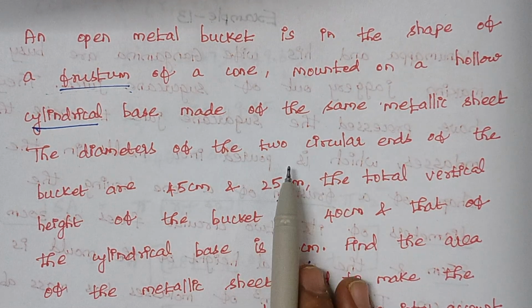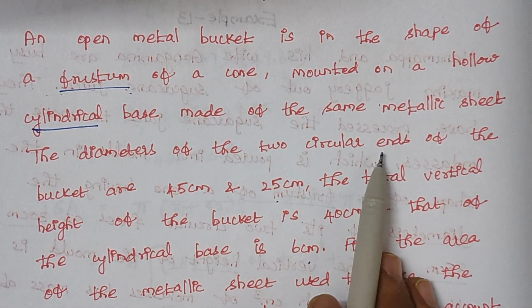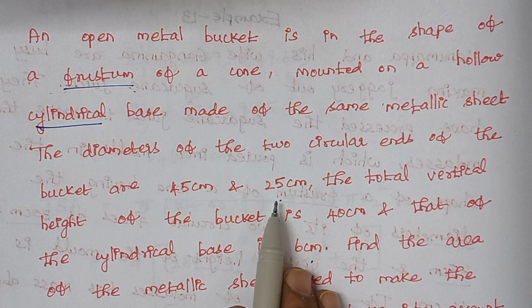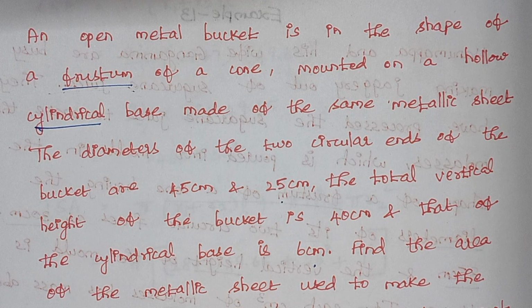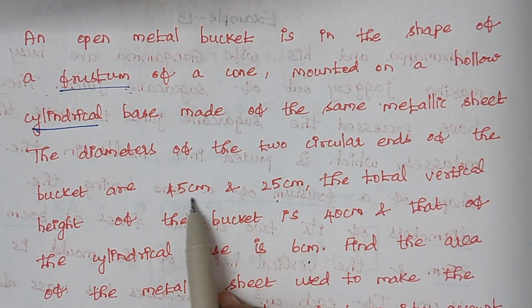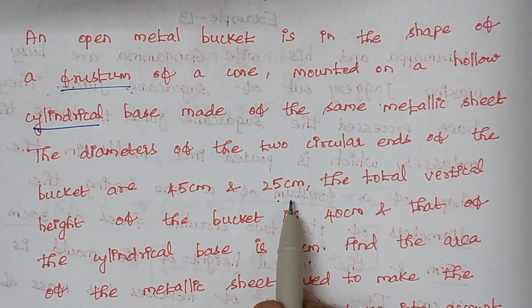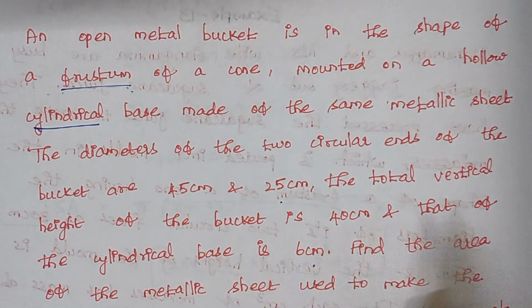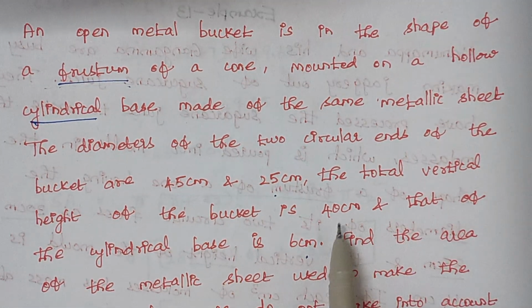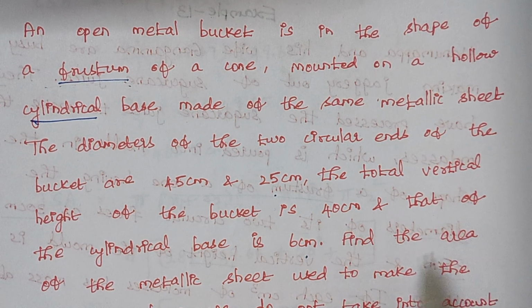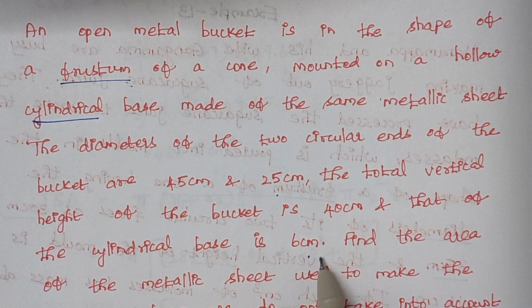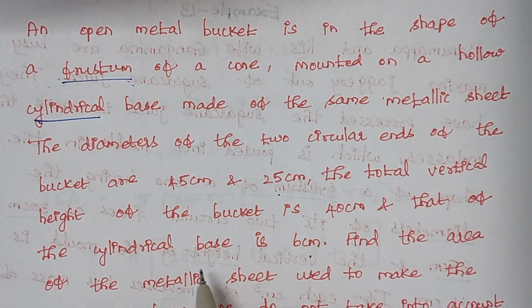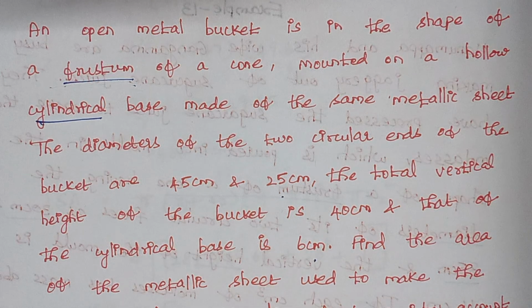The diameters of the two circular ends are given as 45 and 25. So in the frustum we have two circular areas, one at the top, another at the bottom. One diameter is 45 and the other is 25. The total vertical height of the bucket is 40 cm, and the vertical height of the cylindrical base is 6 cm.